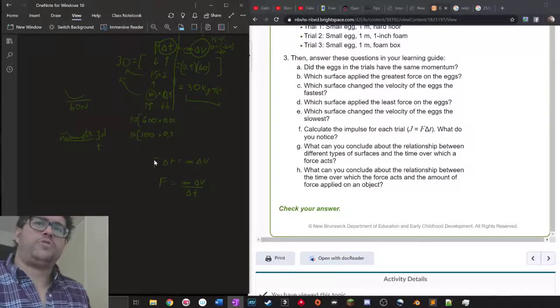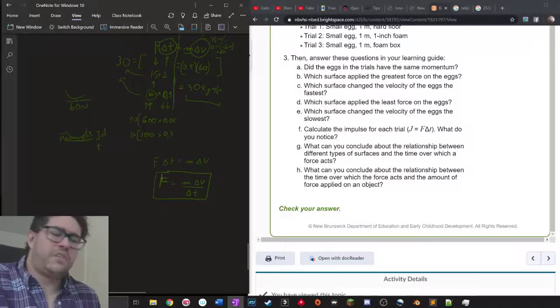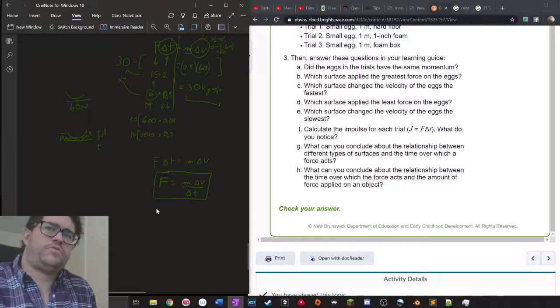By calculating the real force applied on the egg with this formula, you will be able to tell at which point the egg is safe. I don't know the force to break an egg, but a certain force would be enough.